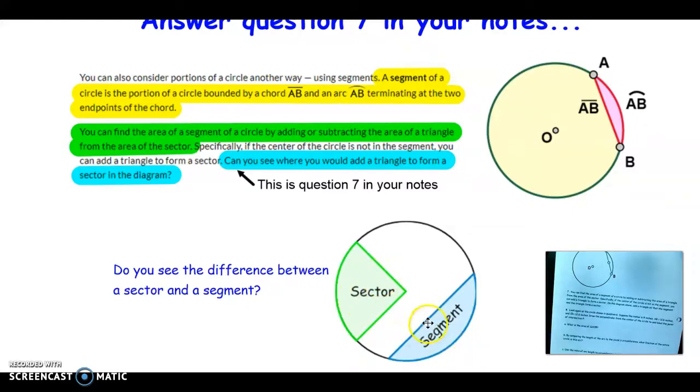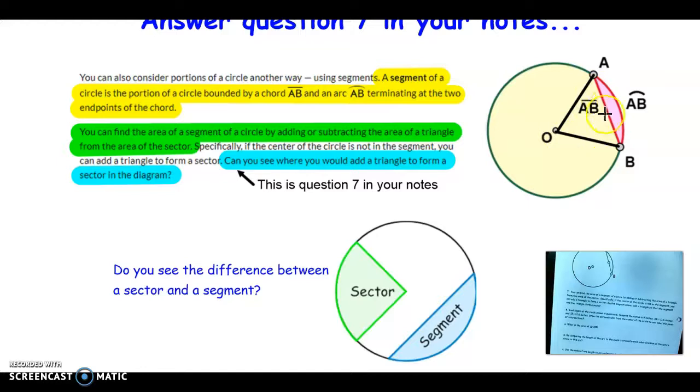So to find the area of the segment of a circle, you have to first understand that you can create a sector of a circle by drawing in this triangle. If I join point A to O and point B to O, do you see how I made triangle AOB?